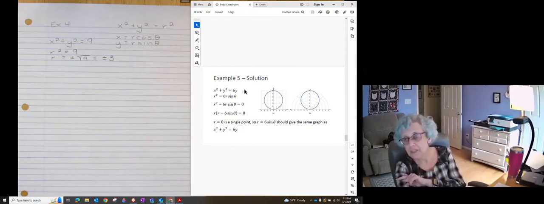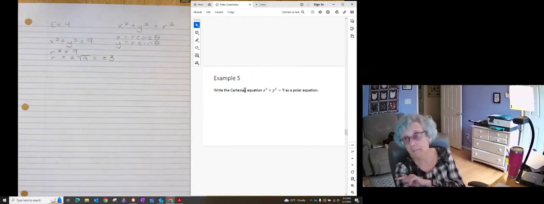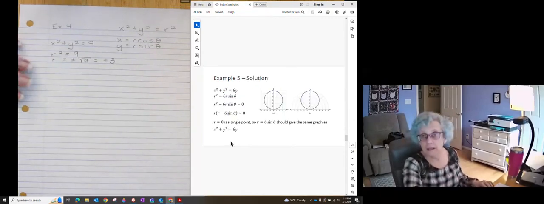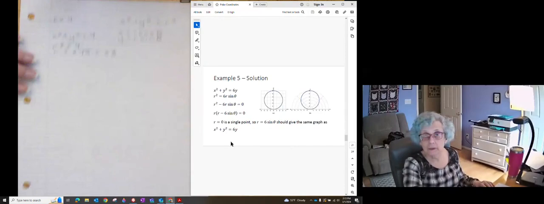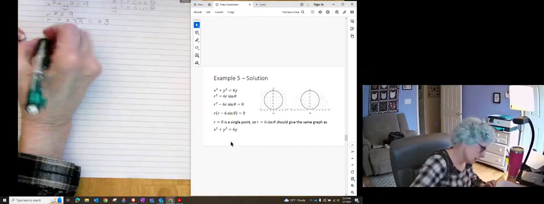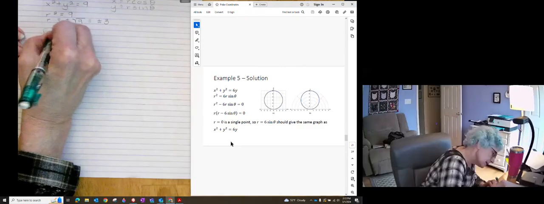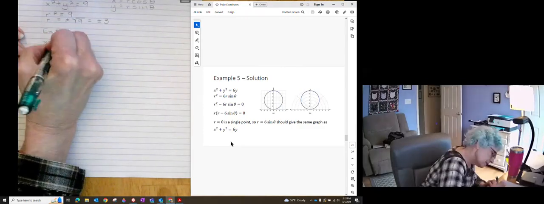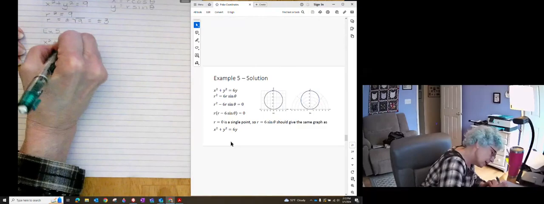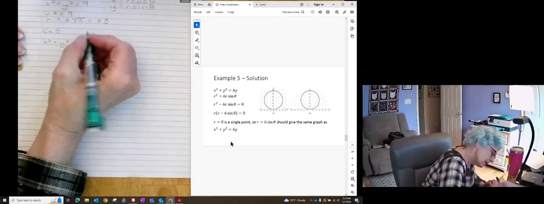Example 5 is supposed to be x squared plus y squared equals 6y. So we'll take care of that, but I'll write it down correctly. Example 5, x squared plus y squared equals 6y.